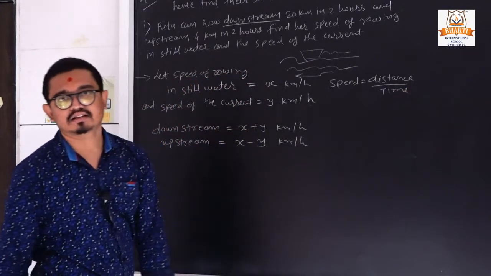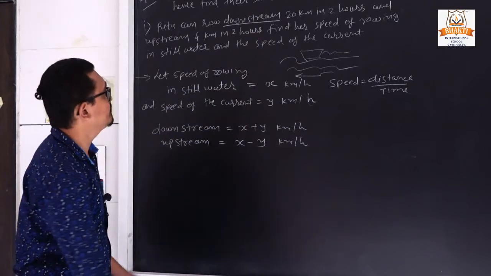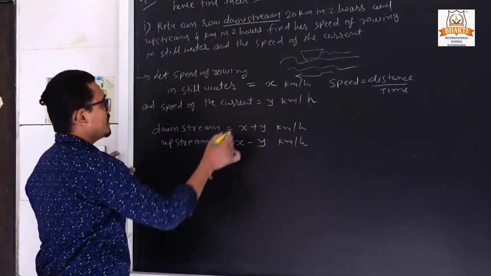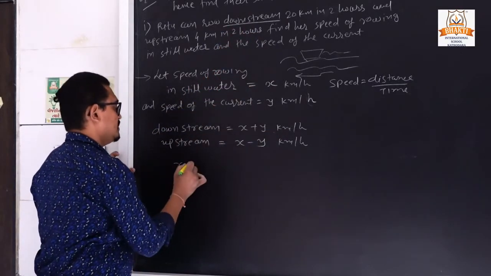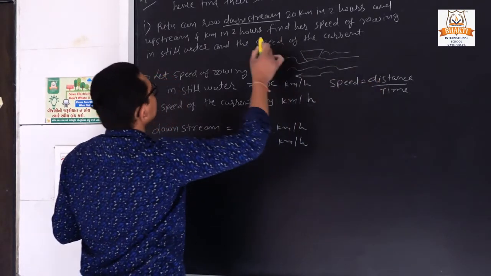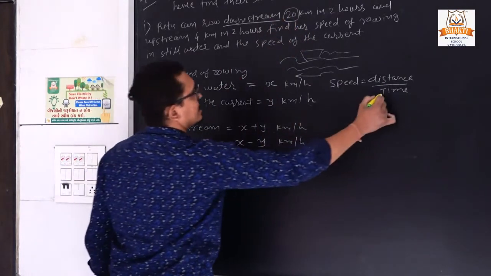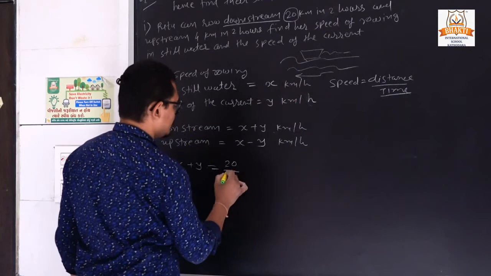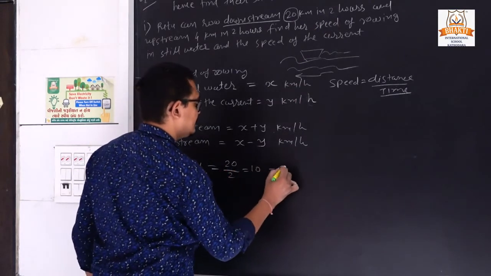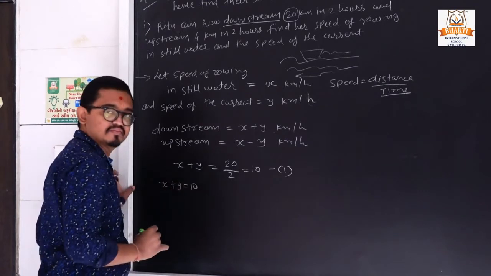Clear? Distance upon time. Now for downstream, what is our speed? x plus y. So now distance is given, 20 kilometer. So 20, and time is also given, 2 hours. So it is 10. We can declare it as result number 1. So x plus y is equal to 10.